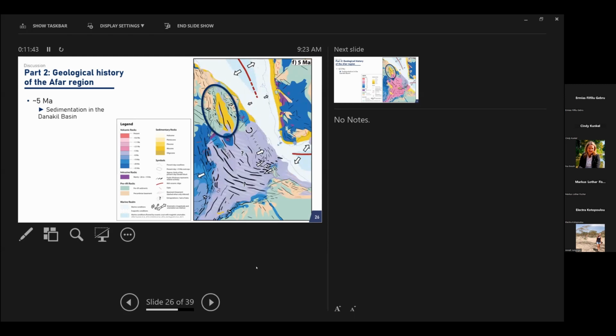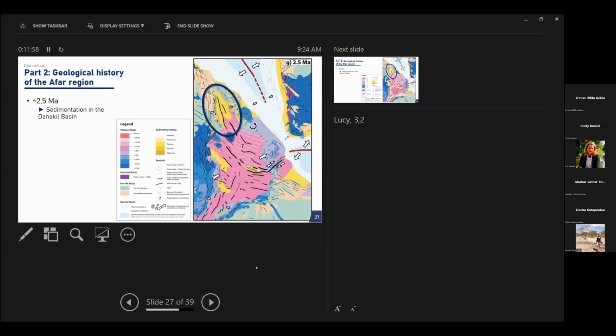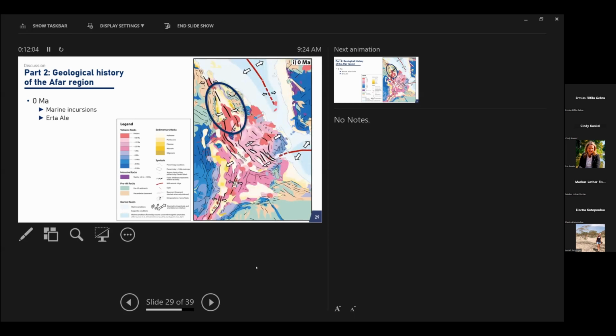Between 8 and 5 million years, we have the beginning of the sedimentation in the Danakil Basin, and that's the age where we have the oldest dated sediments in our basin. They are between 8 and 5 million years. And then I will go a bit faster because then there's a lot of things happening in the south, but I don't go into much detail. 2.5 million years, 1.1, and between 1.1 and 0 million years, that's when we have the marine incursion that Anlin is going to talk about later on.